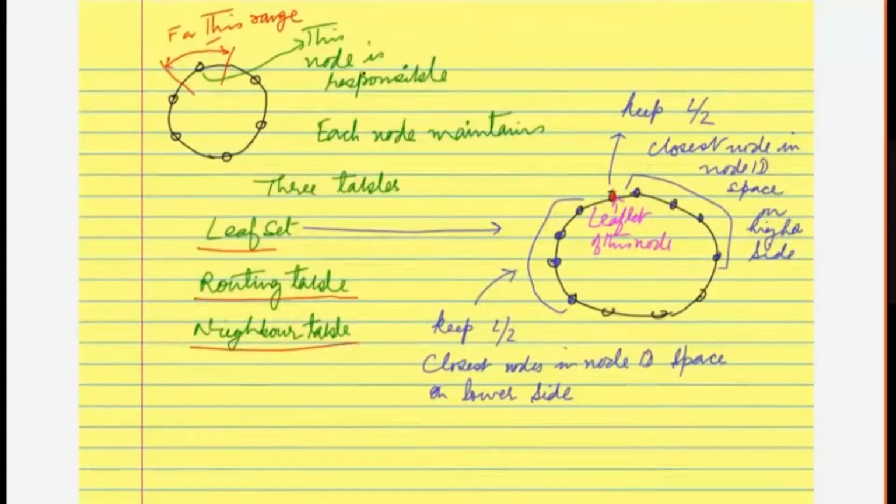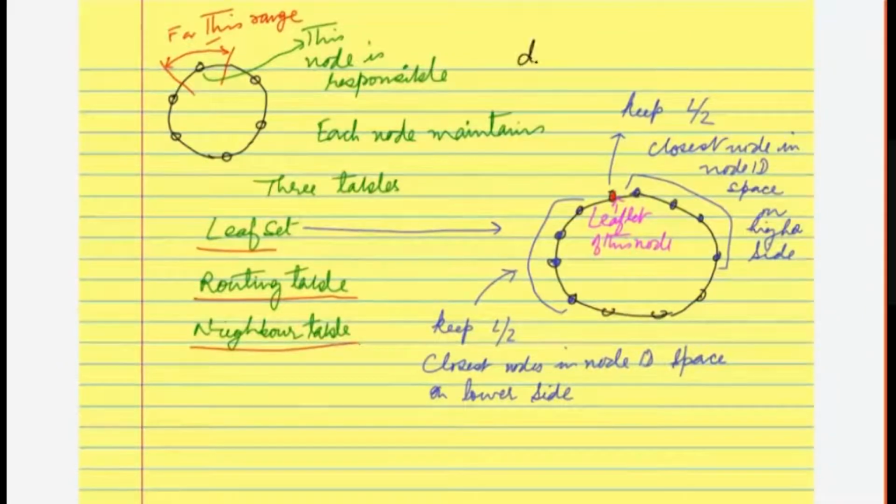First of all, what is the root node definition in Pastry? If there is a node lying here, the next successor is here and the predecessor is here. Halfway across we will divide, and for this whole range, this node will be the responsible node, called the root node for this range. So it's the absolute distance which is important here.